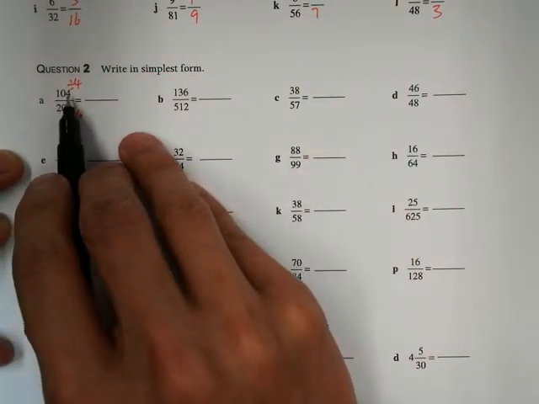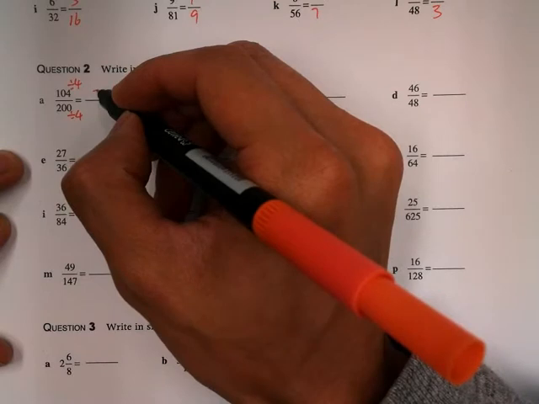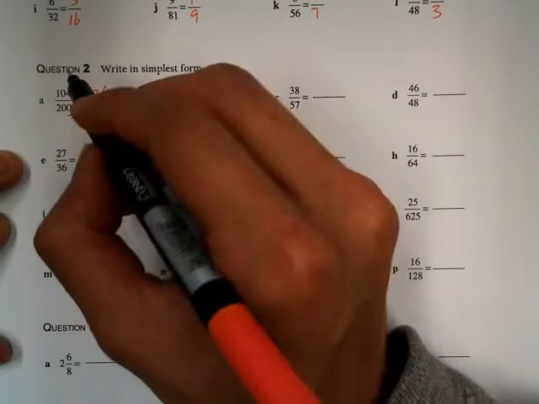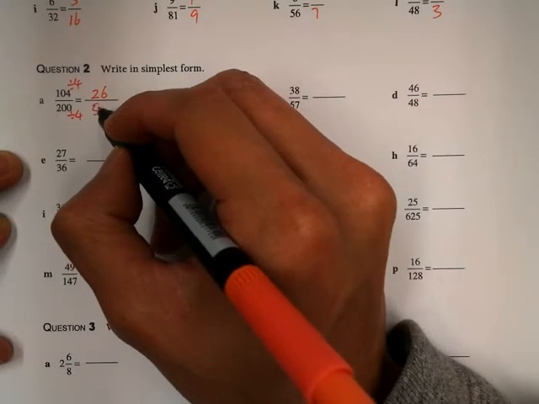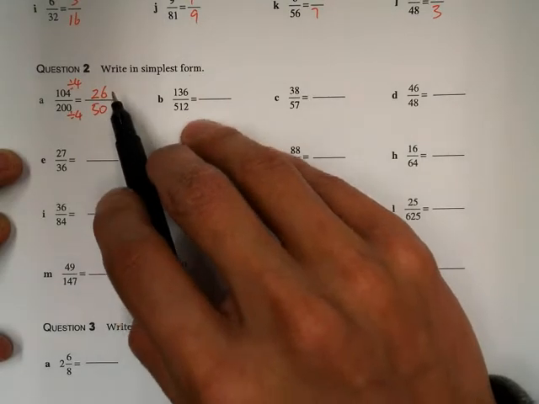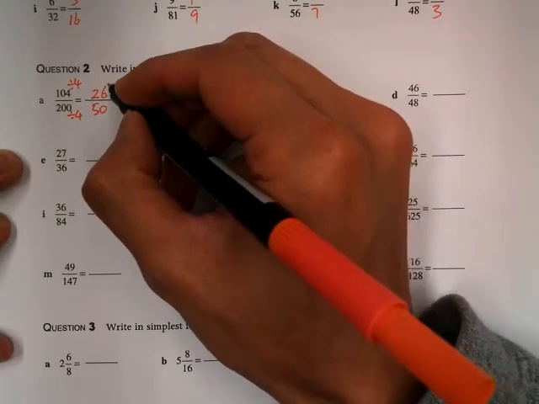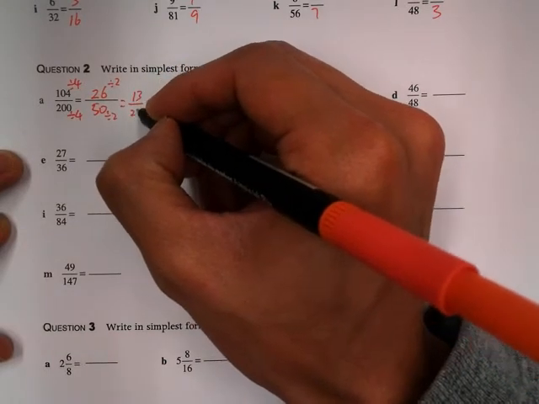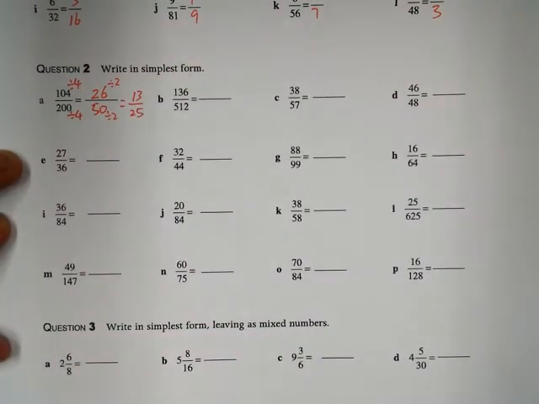So 104 divided by 4, I get 26, and 200 divided by 4, I have 50. After that, they can both be divided by 2 again. So I divided by 2, divided by 2, and I got 13 over 25.